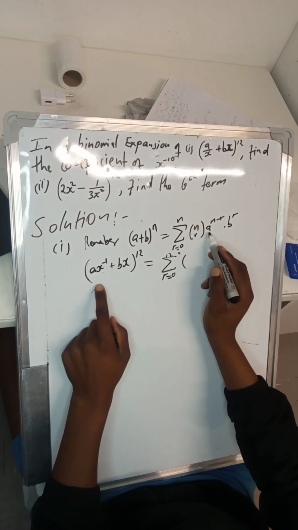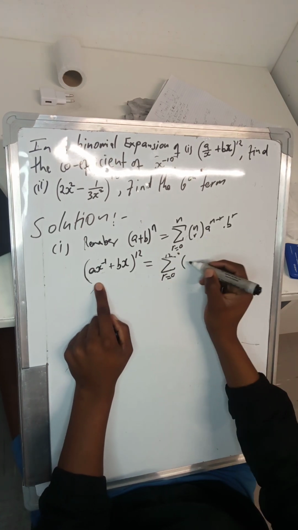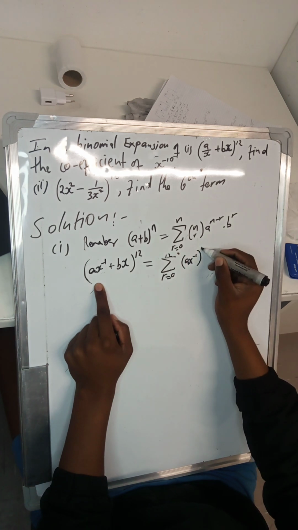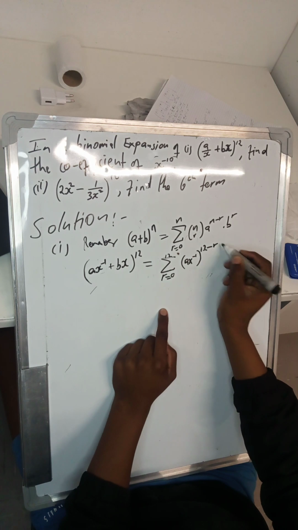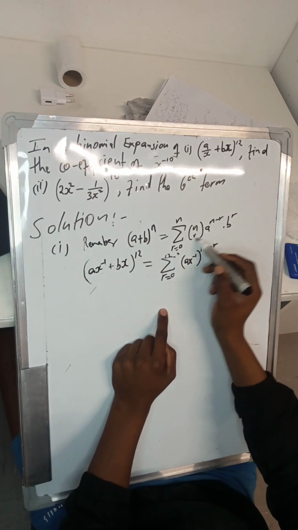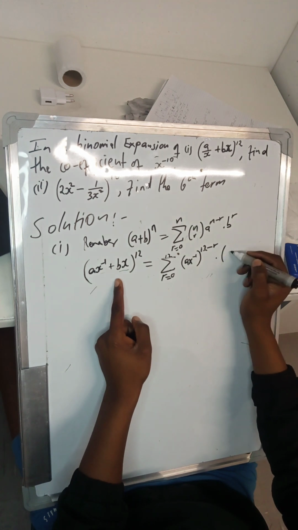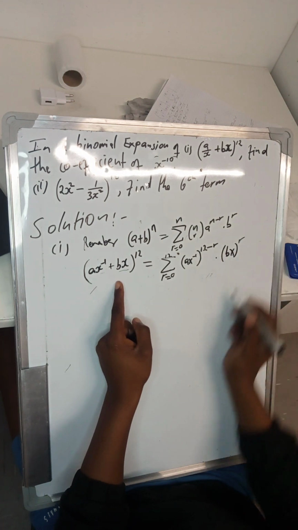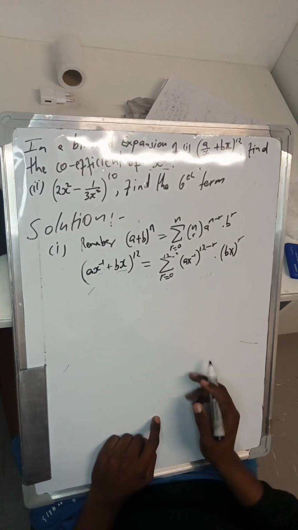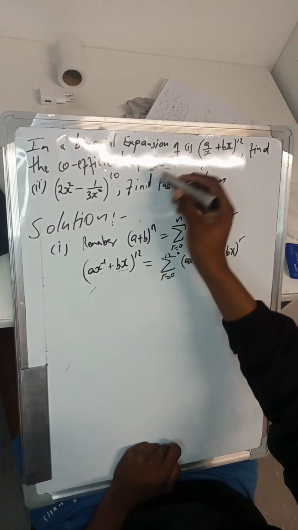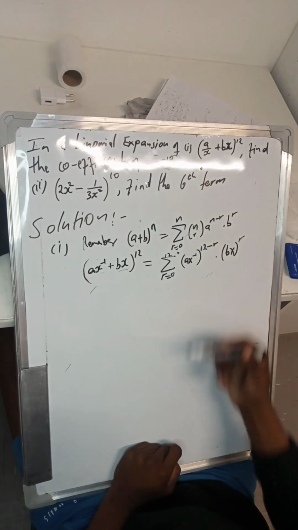Then our a in this case is ax to the power -1, 12 minus r, times our b, which is bx, to the power r. Okay, so now what is it that we are looking for? We are looking for the coefficient of this term.